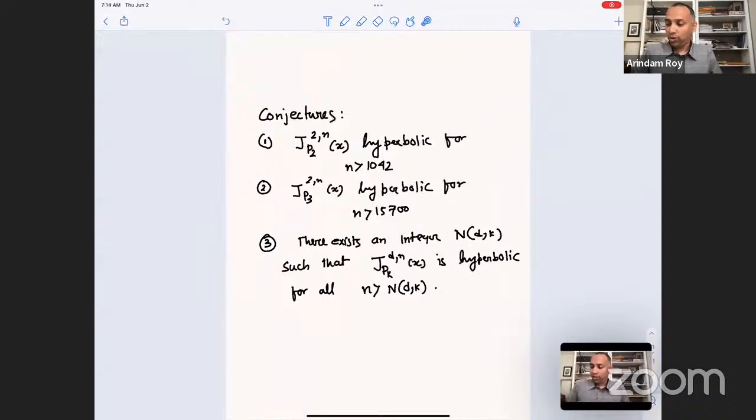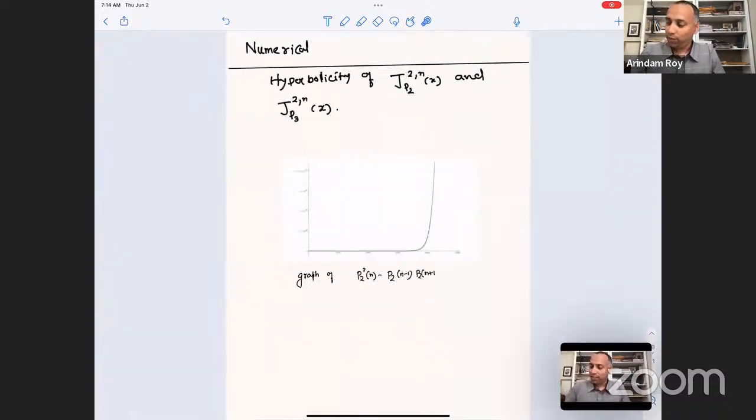So first we make some conjectures, and they're still open. The first conjecture is, if you look at this particular graph, we're considering the degree 2 polynomial, whose coefficients are the p2(n), writing n as a sum of squares. If you notice carefully right here, the number is close to 1000.